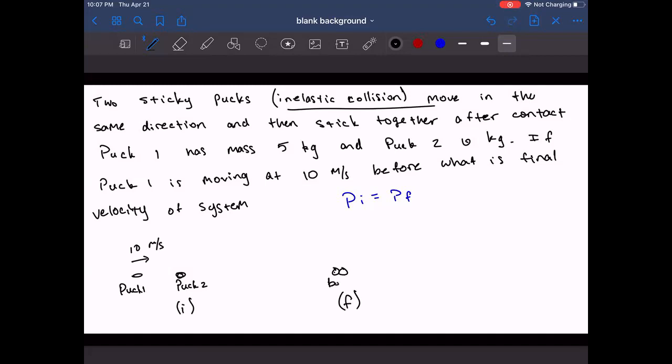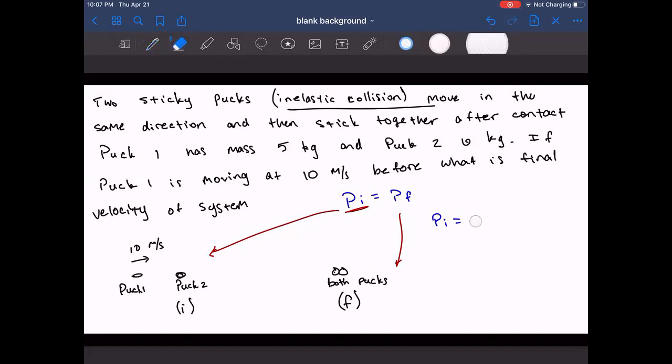You know, write both pucks or something, just to drive it home for yourself. This is the initial momentum, Pi, the initial momentum of the total system, and Pf. So what are these things? Well, Pi, it's the momentum of the first puck plus the momentum of the second puck. That's what we say, the momentum of the system.